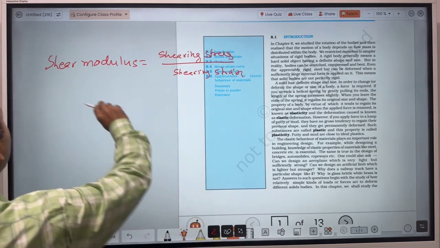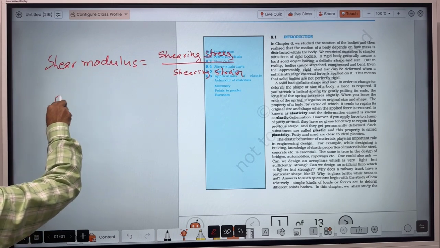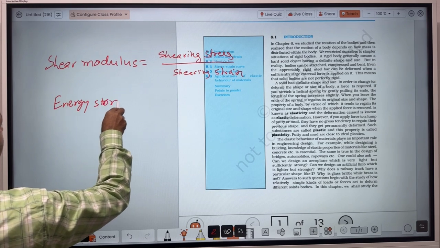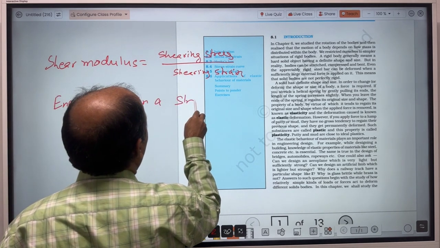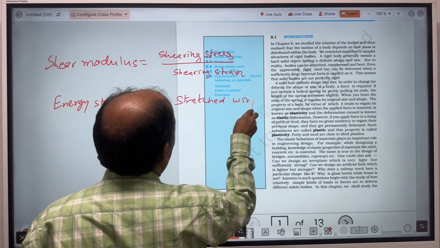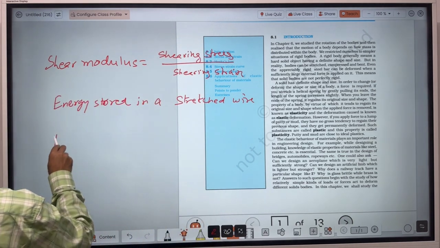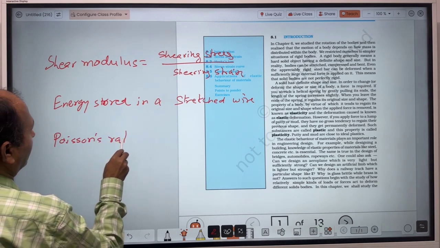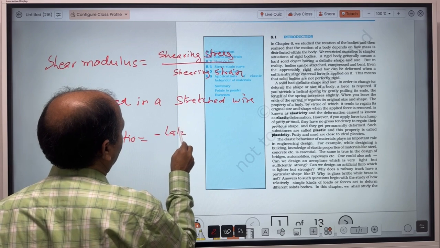Then we will see energy stored in a stretched wire, and lastly we will see Poisson's ratio, which will be equal to lateral strain.